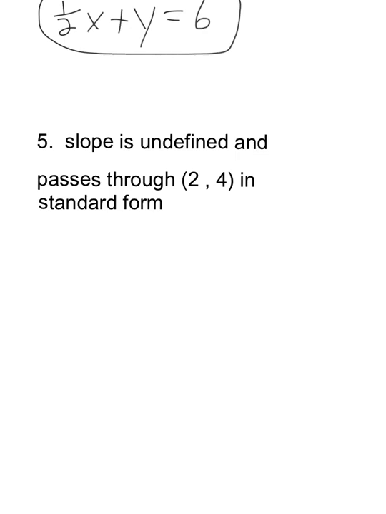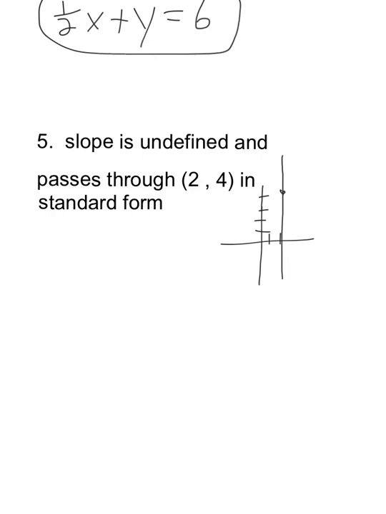So if I needed to see what it looked like, an undefined slope going through that point. So here's my y. There's my x. If I went over 2, and up 1, 2, 3, 4, and I put a point, an undefined line would be a straight vertical line going right up and down, right through that point.